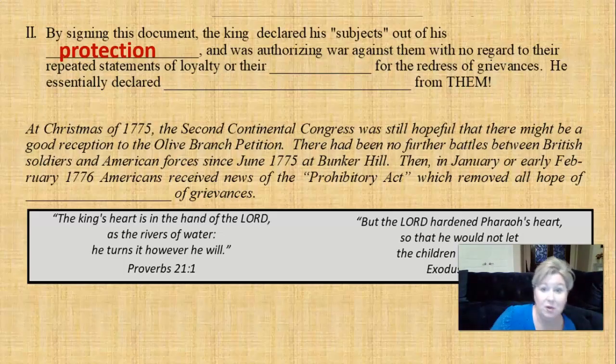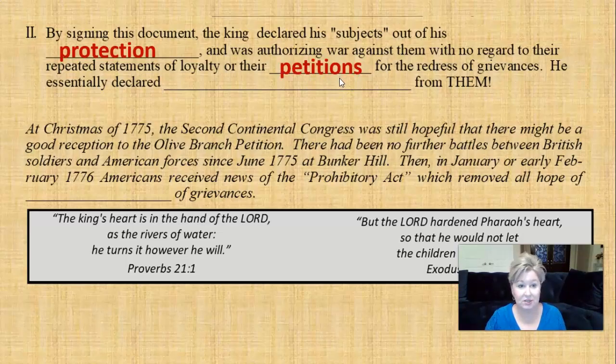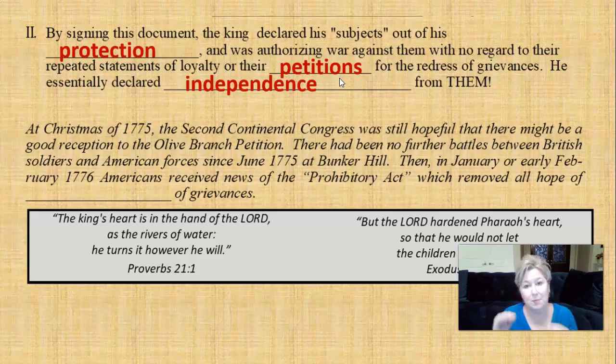But because he refuses to acknowledge the law, and Parliament refuses to acknowledge their responsibility to govern under the law, we've really reached this place of irreconcilable. There's no way to reconcile. But by declaring them out of his protection, with no regard to their repeated statements of loyalty or their petitions, he's declaring independence from them.